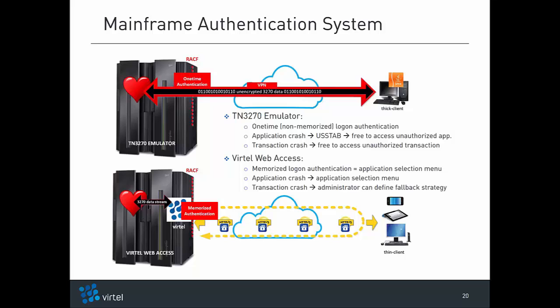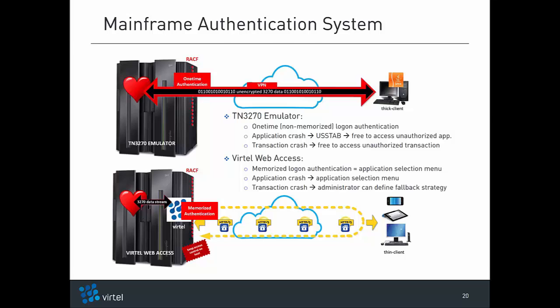The bottom line is that Virtel users are never allowed to roam free inside the host after an application or transaction crash. Another instance, actually, of Virtel Web Access keeping the control of access to host assets on the host where it belongs.